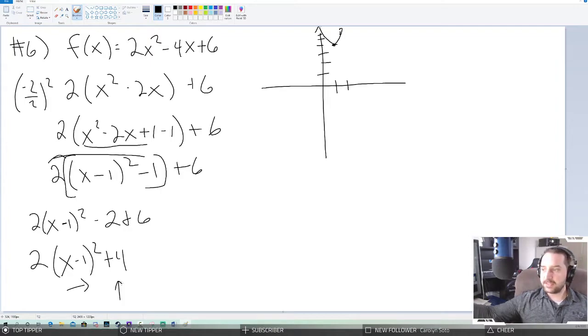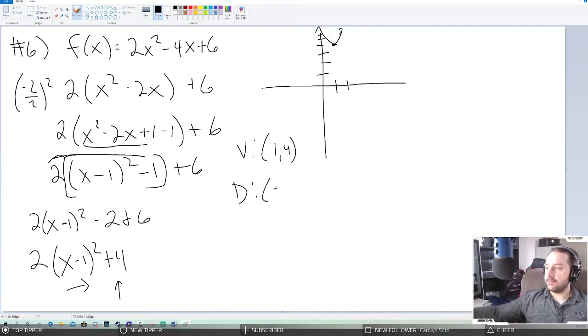So finding the pieces of information, it asks things like the vertex. So that's 1, 4. It asks for the domain. That's negative infinity to positive infinity. The range starts at 4 and then goes up, so 4 to infinity.